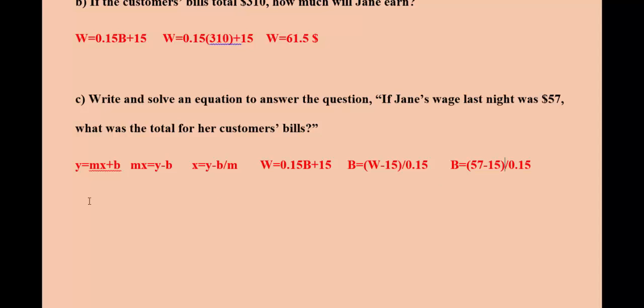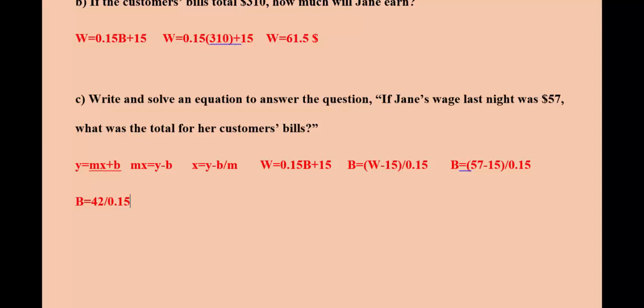So b equals 57 minus 15, which is 42, divided by 0.15.